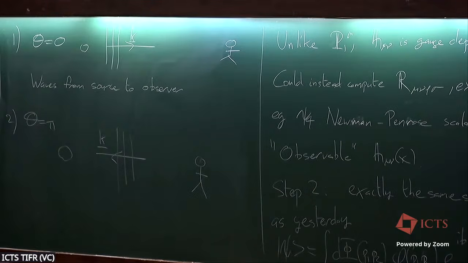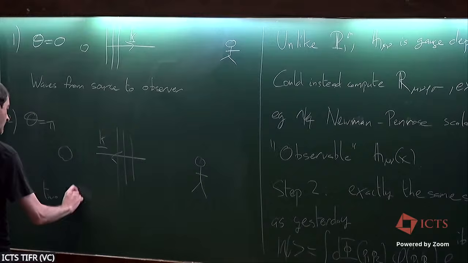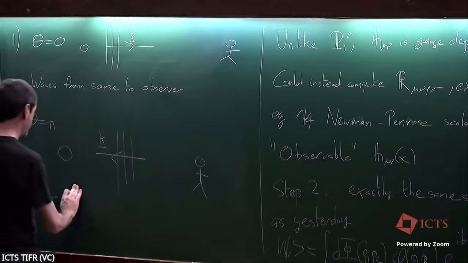And this corresponds to a choice of boundary conditions: retarded boundary conditions or advanced boundary conditions. Retarded boundary conditions correspond to waves coming from sources to observers. Advanced boundary conditions are essentially the observer shooting waves up at the source. So here's where you get to feed in boundary conditions, and of course the boundary conditions relevant to us are the retarded boundary conditions.